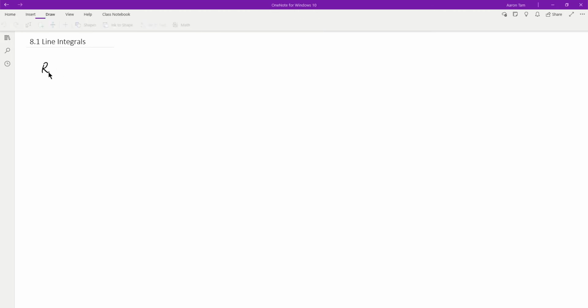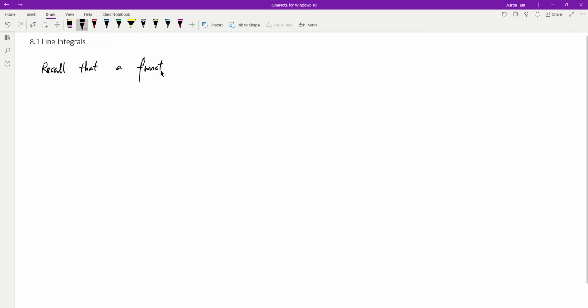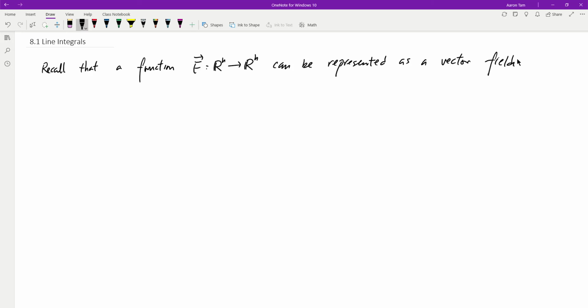So let's recall that a function, let's say f, actually I'm going to use a capital vector F, that maps from Rn to Rn can be represented as a vector field. Now notice that when we have a function that maps from Rn to Rn, there are definitely many different ways to interpret it.